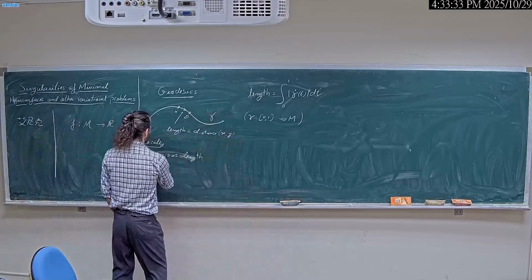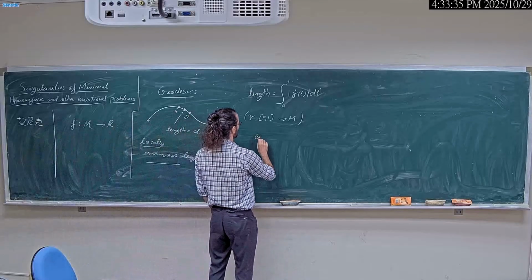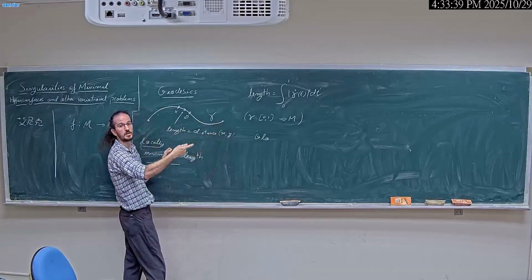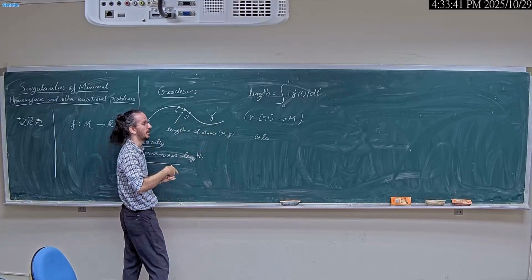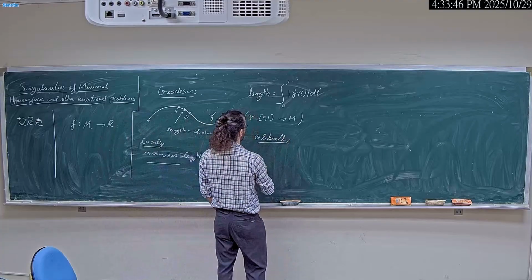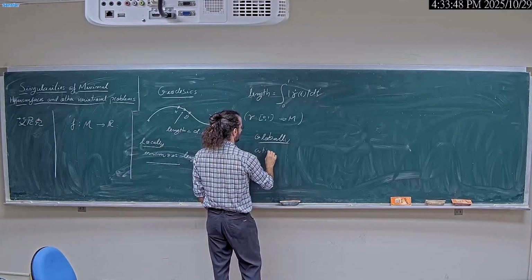So locally, it minimizes length. But globally, if these points are too far apart, maybe I can find another curve that has less length. But globally it is a critical point.